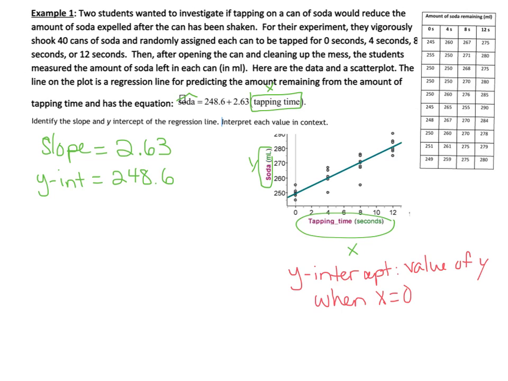And in this case, our y-intercept is 248.6, so this is going to be the value of milliliters of soda when the tapping time is 0. So the way that we're going to word this is that if we were to tap this for 0 seconds, we would expect the amount of soda to be 248.6.